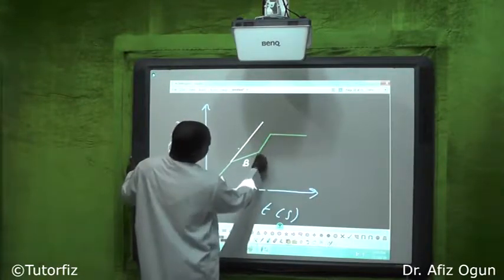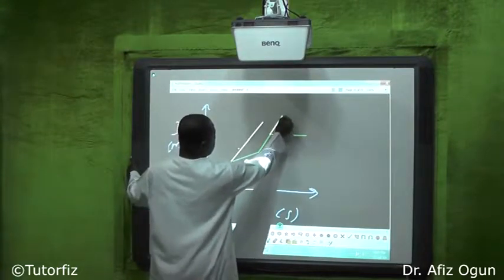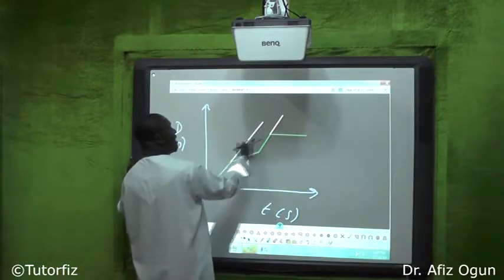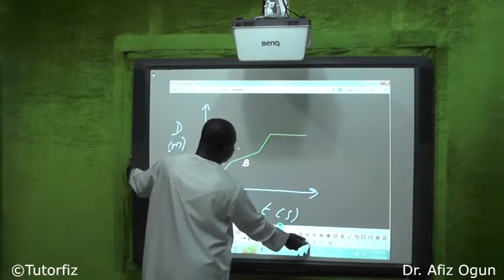Is this line parallel to this line? If they are parallel, it means they have the same speed. If they are not parallel, that means they do not have the same speed.